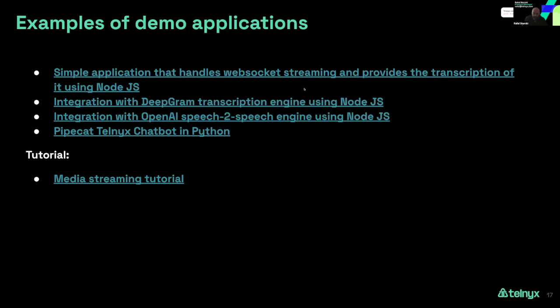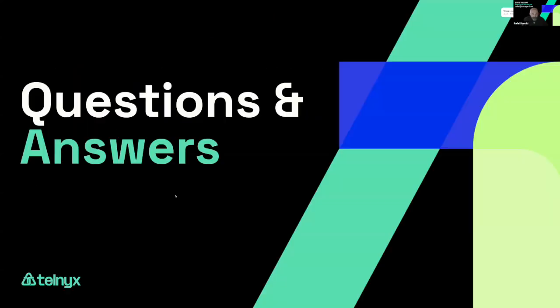There are some others as well in our Git repository, like integration with Deepgram and integration with our internal transcription engine. There's one more link to our tutorial in our dev documentation. You can get the specification of all the events that we are sending and more information about the flow.